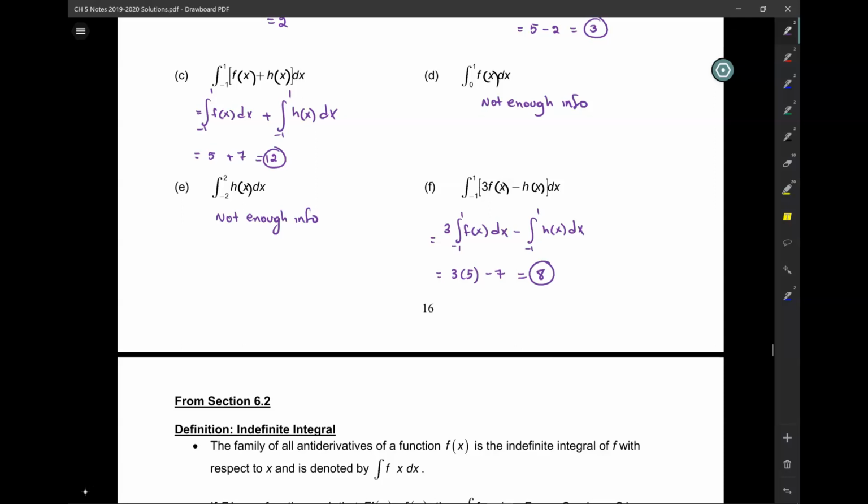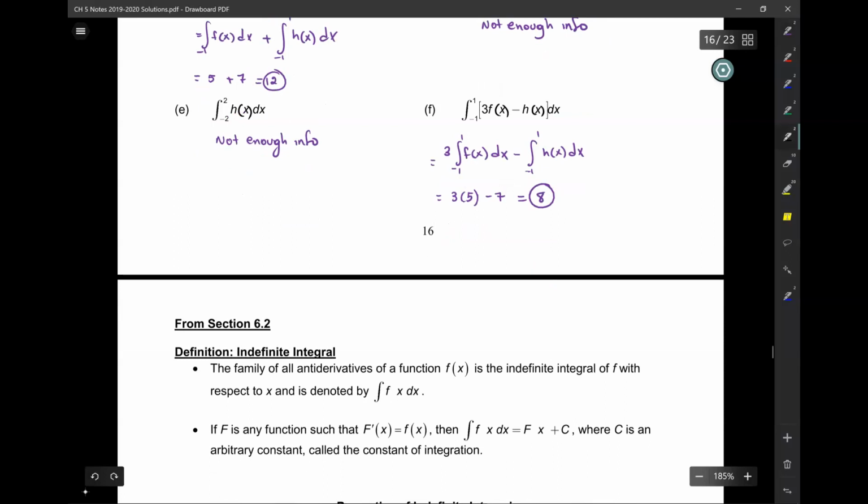One very, very important thing is this. Once we start using integrals, please recognize that this symbol can never exist alone. Because what is this symbol? The symbol is just a sum, right? It can only exist with a dx attached to it.